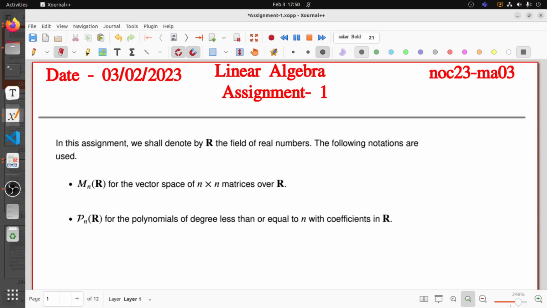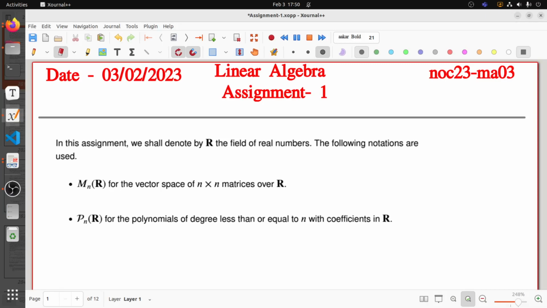Okay, so let's move to the next option. What it is saying is W is all P in P3 such that S of P star equals 0. Question number 3. So what is P star? P star of x is P of minus x.